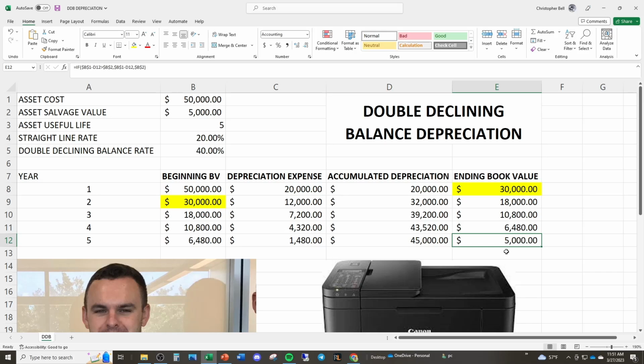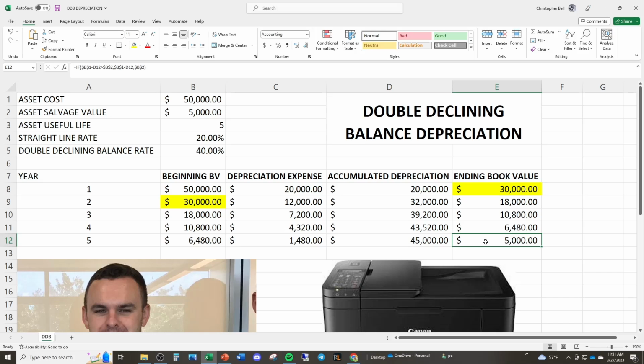So the easiest way to think about it is if you do the math and in year 5 you see your ending book value is less than $5,000, which is the salvage value, well, guess what? You need to go ahead and make a correction and make sure that the depreciation expense perfectly matches and gets you to the point where you have an ending book value of $5,000.